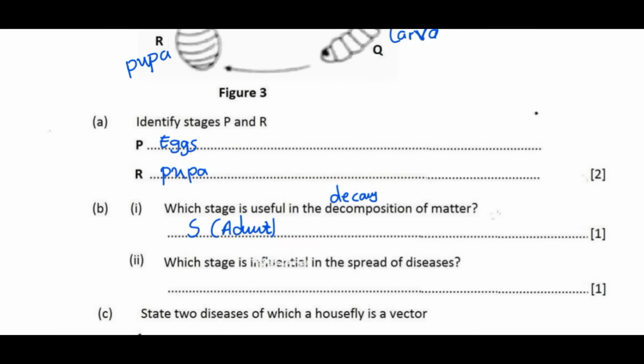Then Roman number 2, which stage is influential in the spread of diseases, is still S. Because whenever we have an adult, that adult is able to move from one position to another. So as it is moving from one position to another, it is carrying some of the pathogens that cause diseases, depending on the type of disease that you are looking at.